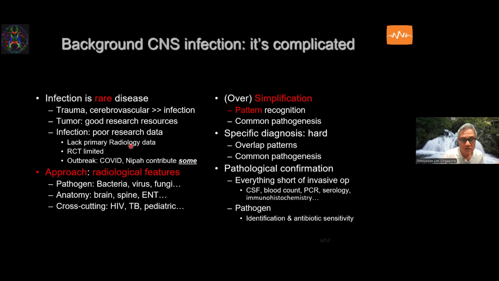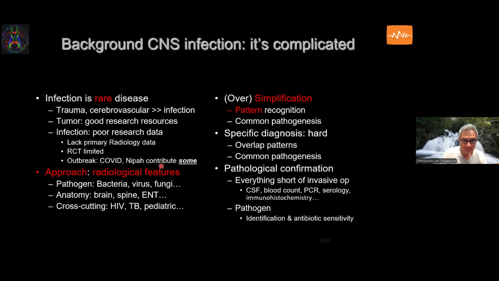We don't even know the sensitivity and specificity of some of the findings that we can see. Randomized controlled trials are very limited. There is some research going on in HIV and tuberculosis, but not much for some of the other bacterial meningitis and rarer diseases. There is some literature in the outbreaks, especially since COVID, but we'll talk about that a little bit later.